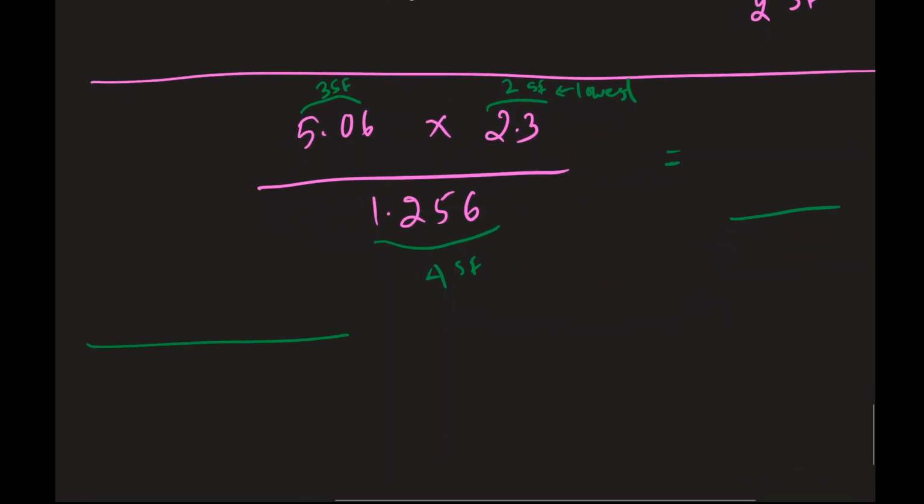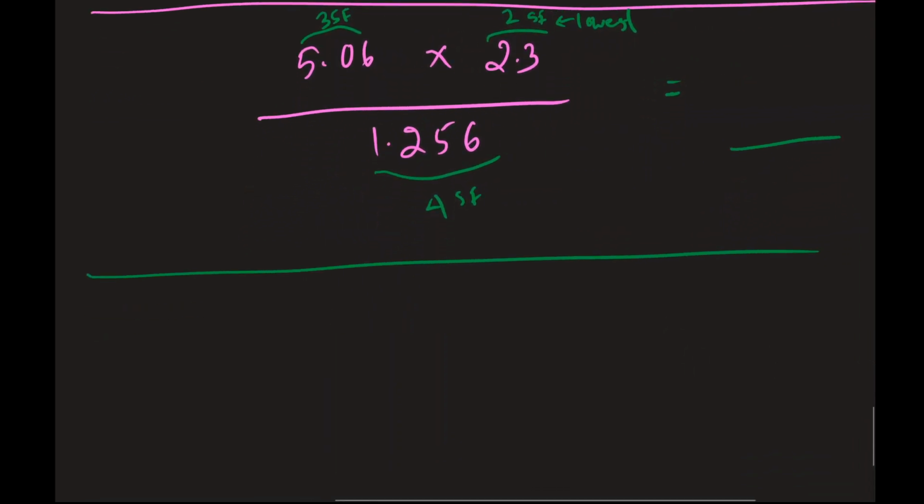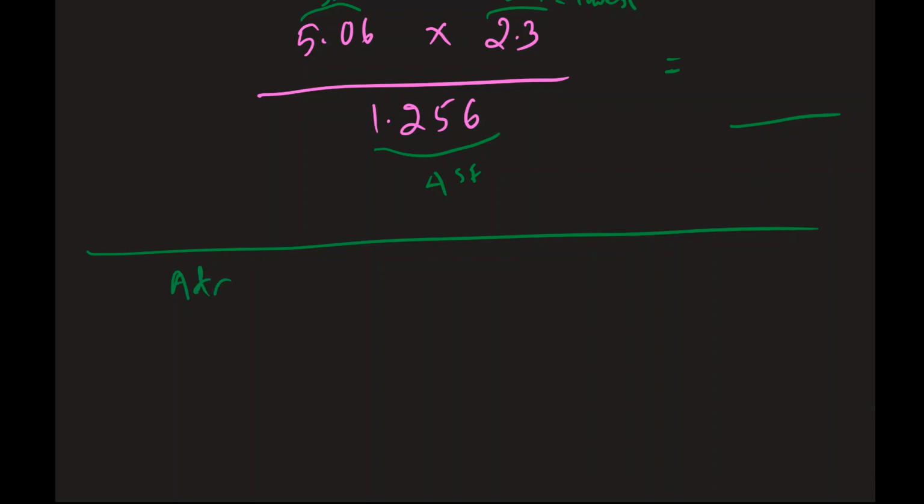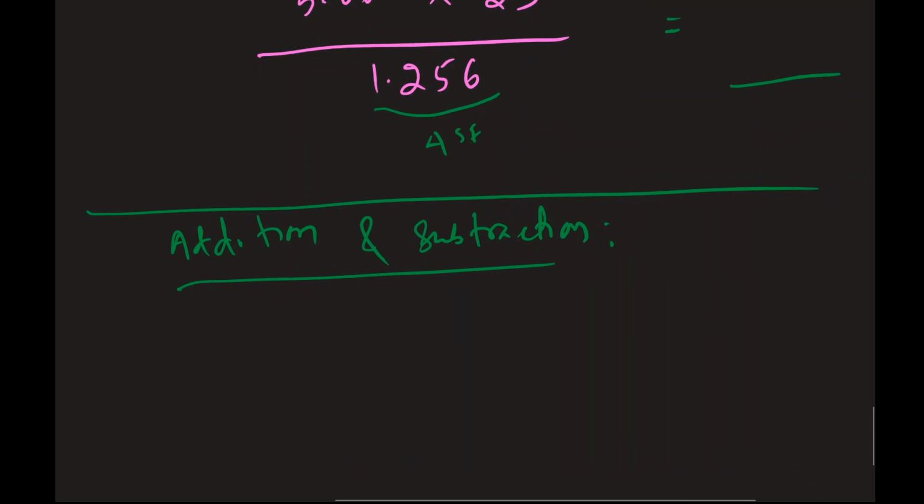Okay, next, let's move on to additions and subtractions. Let's say 2.356 plus 4.2 plus 6.235.